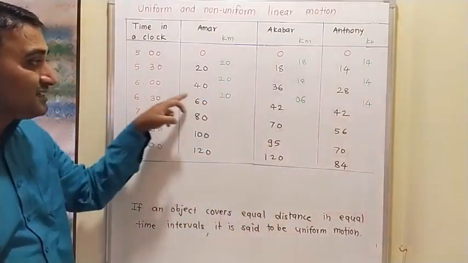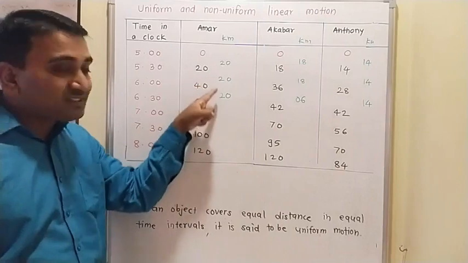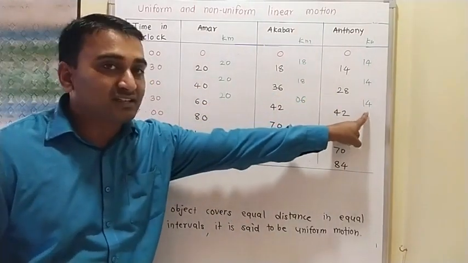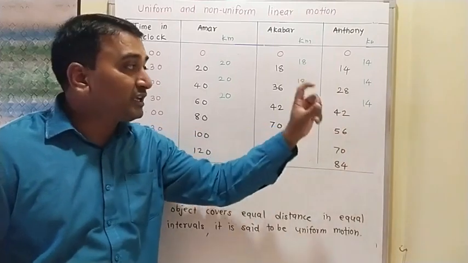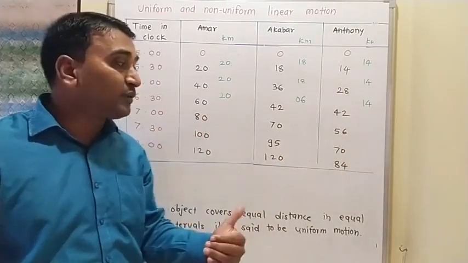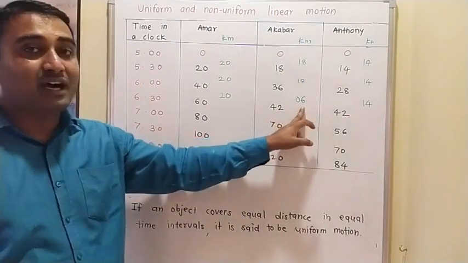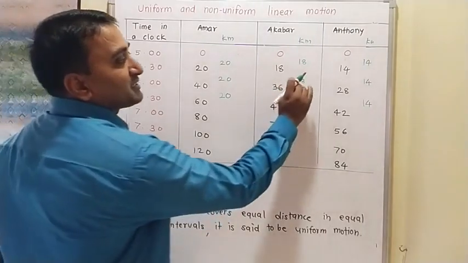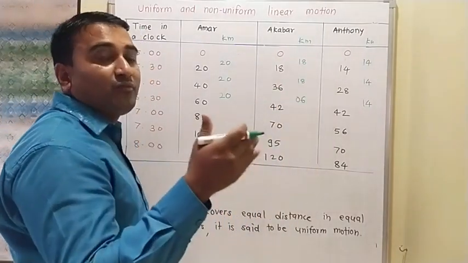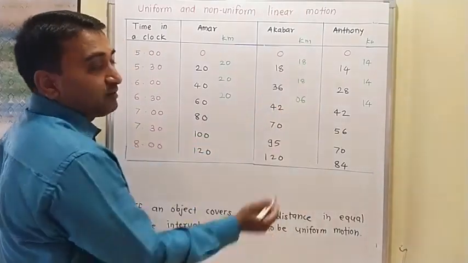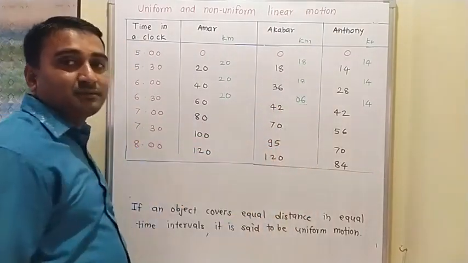Within the third session, he covered a distance of 20 kilometer, and he covered a distance of 14 kilometer. So in equal intervals of time, equal distance they are covering. But Akbar failed to cover the same distance. Getting? So up to this point uniform velocity, but here the velocity got changed.